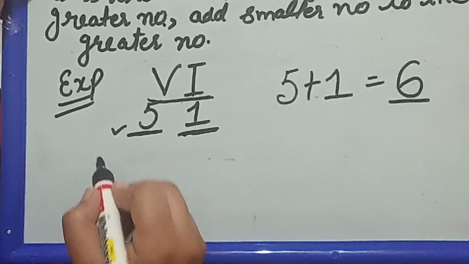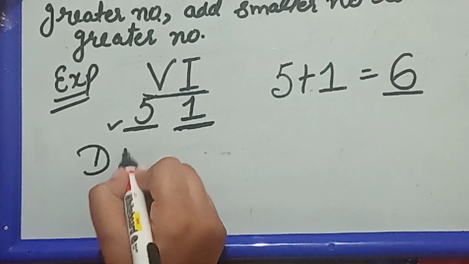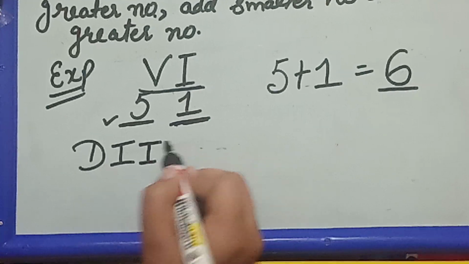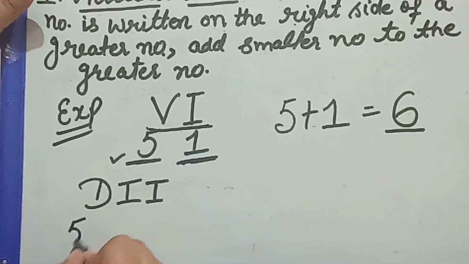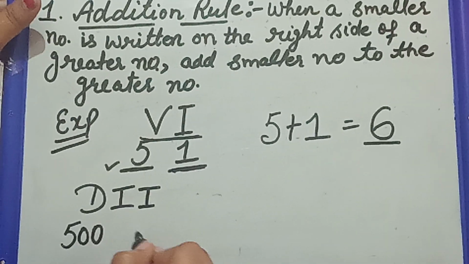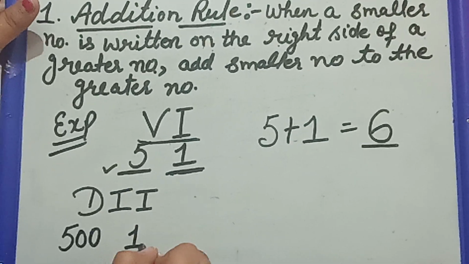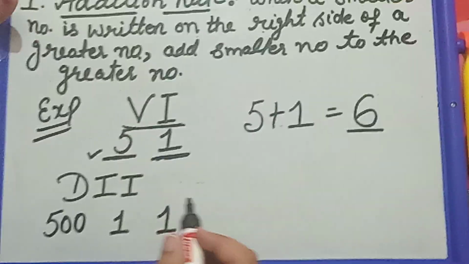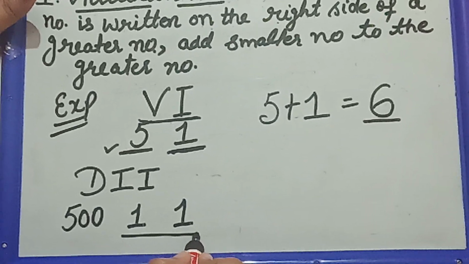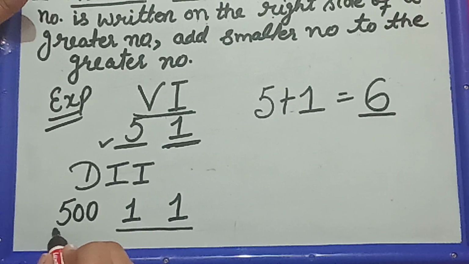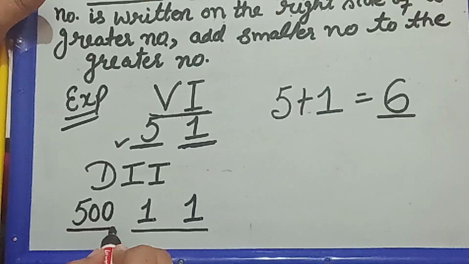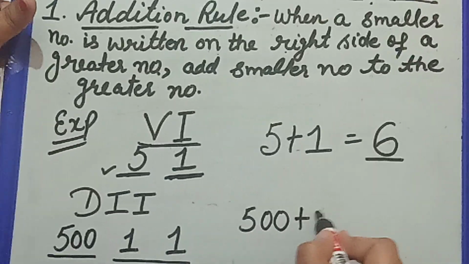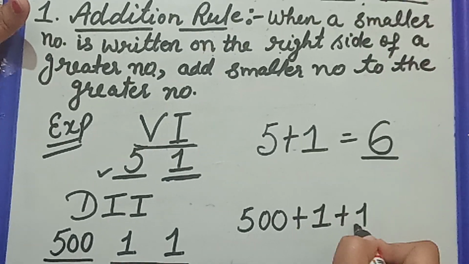Similarly, if I take DII, which means here D means 500, I means 1, again I means 1. So here also smaller numbers are on the right side of the greater number. So again what we have to do, we have to add these numbers.